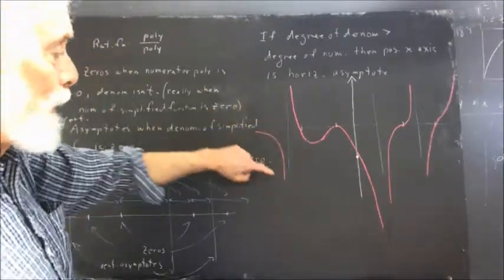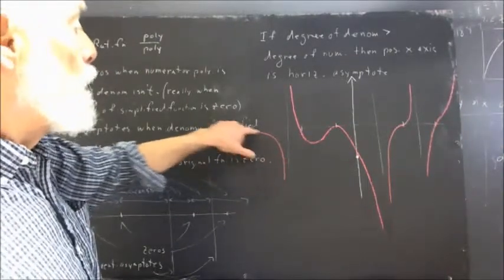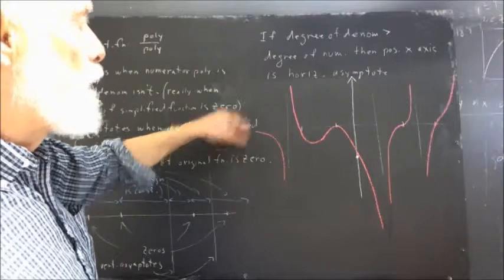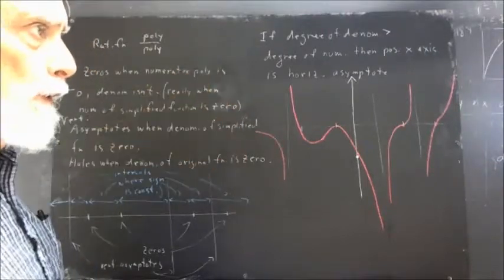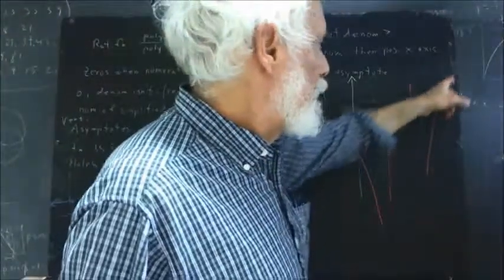And correct me if I'm not thinking correctly, but I don't think we can do that because the only way that would happen is if the degree of the denominator was greater than the degree of the numerator. If that's the case, then we're not going to go off toward infinity here.